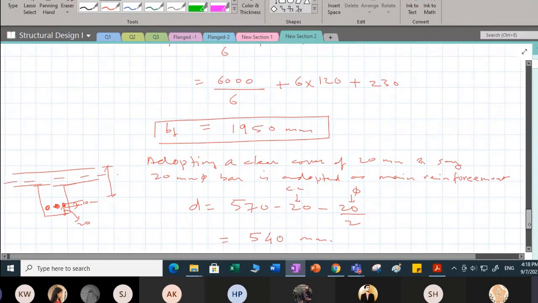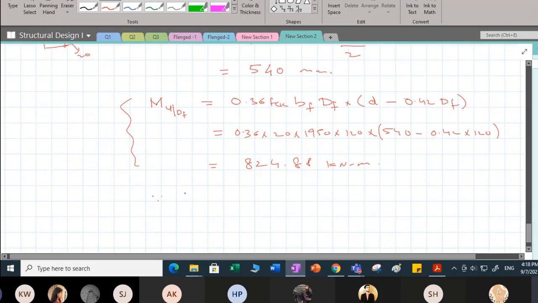With this logic, I can write, since the design moment Mu max for which you are going to design your reinforcement is less than Mu Df, neutral axis lies within flange.